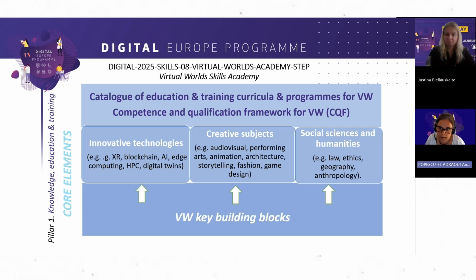So the technology side, the innovative technologies such as XR, blockchain, AI, edge computing, digital twins, and so on. It's the creative part, creative subjects as audiovisual, animation, game design. And it's also social sciences and humanities, which need to be in that, especially ethics aspect, the law aspect, copyright, for example. So all these aspects will form the underlying foundation for the competence and qualification framework and for the catalog of education and training curricula and programs for virtual worlds. Next slide, please.